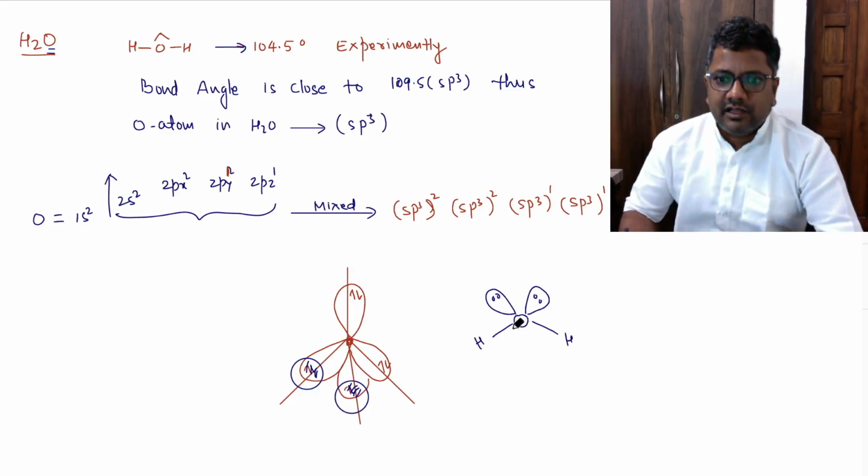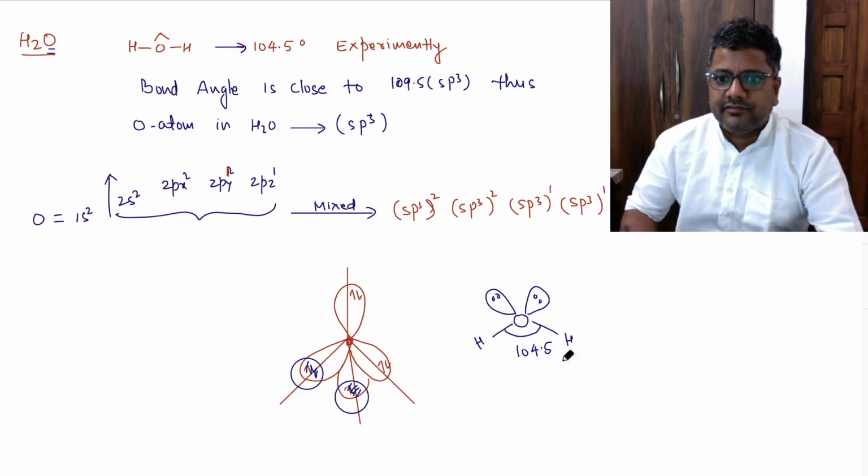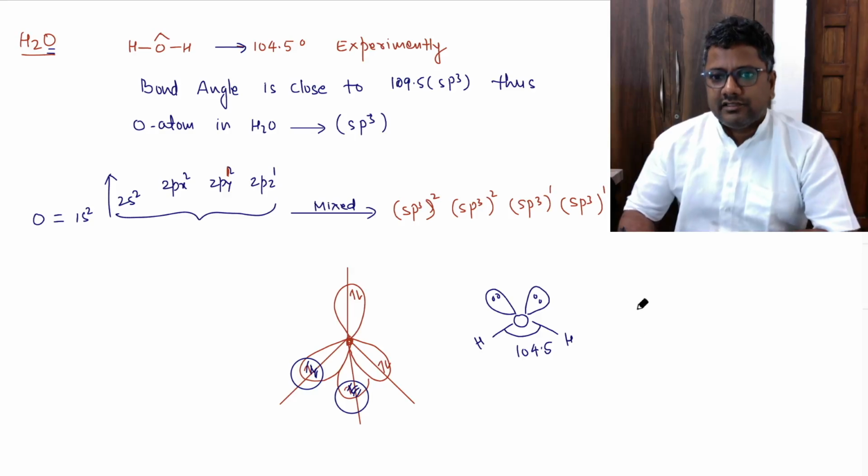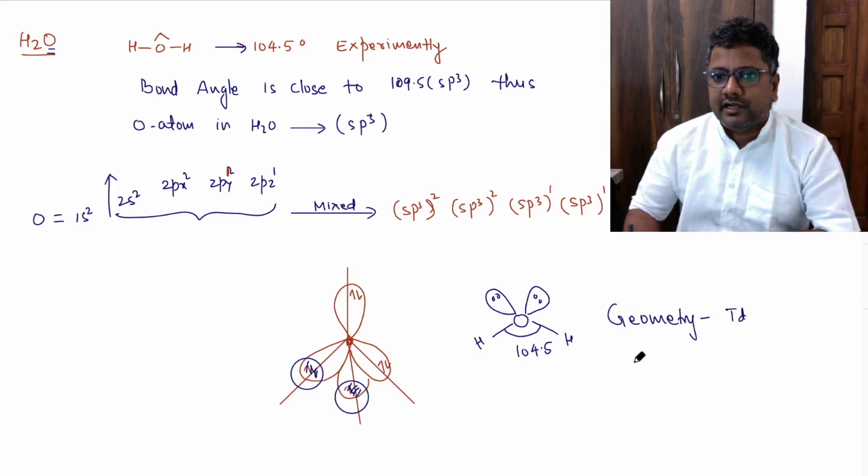And what is the bond angle here? The bond angle is 104.5. So what is the geometry of this molecule? Geometry you have to explain with the help of hybridization. So tetrahedral, and shape you can say distorted tetrahedra, or we can say V shape.